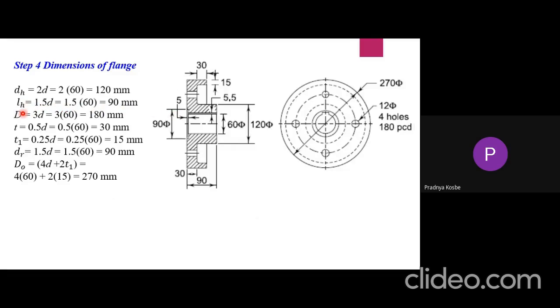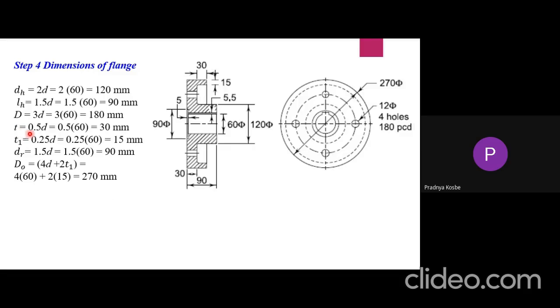Capital D is the pitch circle diameter for the bolts, where the bolts are mounted. Here you can see in the front view the position of the bolt. D is equal to 3 into diameter of the shaft. So 3 into 60 is 180 mm.